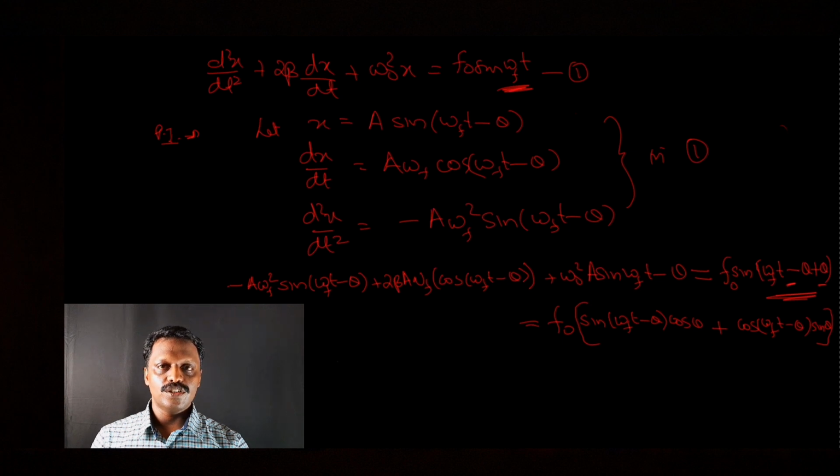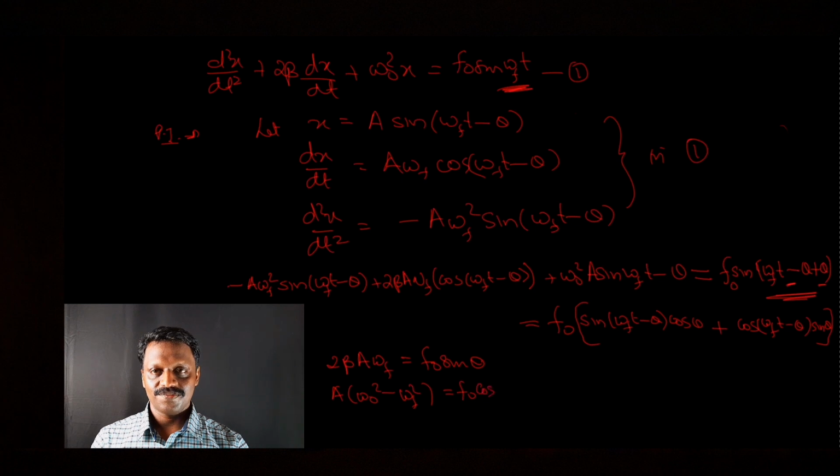The coefficient of cos(ω_f t − θ) has a single term here: 2βAω_f = F_0 sin θ, and the coefficient of sin(ω_f t − θ) on the LHS has two terms. We have taken A common, so that A(ω_0² − ω_f²) = F_0 cos θ. Those are equation 2 and equation 3.